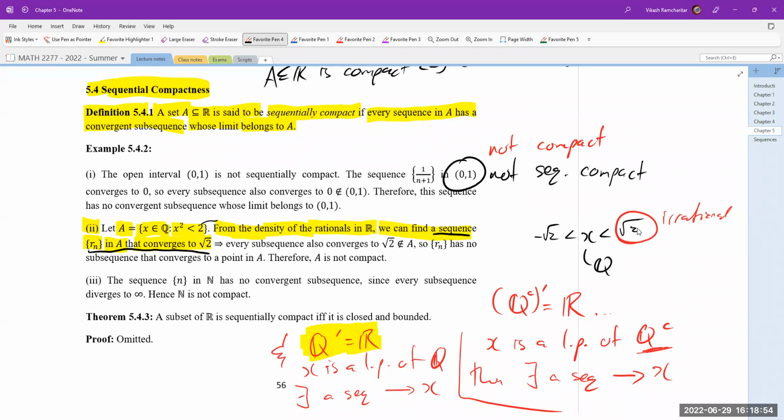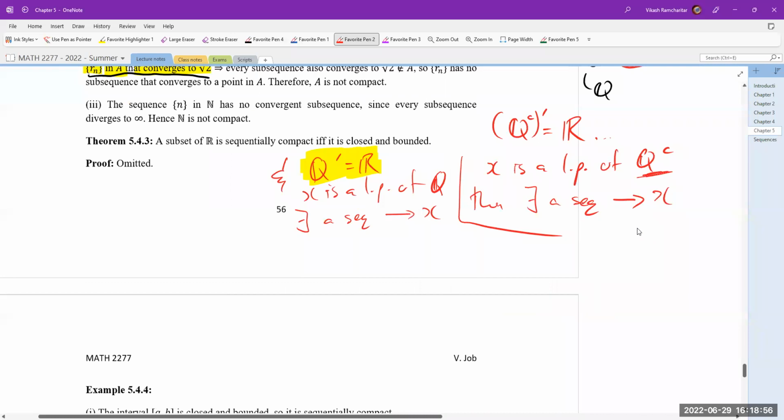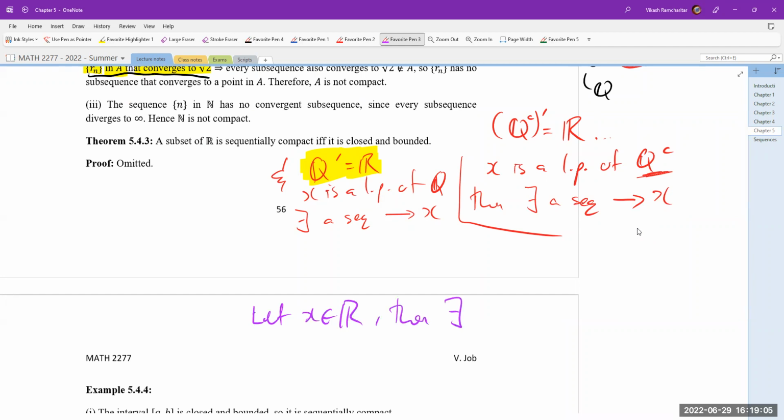Okay, so actually, let me write something over here in case I confuse you with all of that. Let x be any real number, then there exists a sequence of both rationals and irrationals that converges to x.